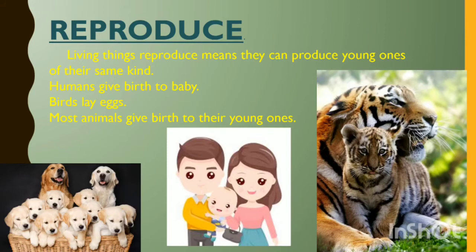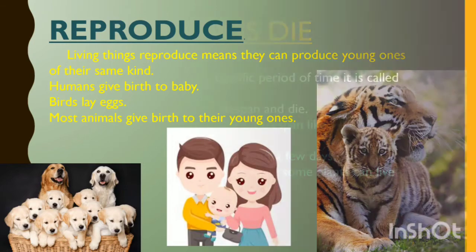Living things produce young ones of their own kind, means human produces humans, tiger produces the baby tiger or cub, or dogs produce puppy, so that they become adult and continue their race further. This is also a unique feature or characteristic of the living things.